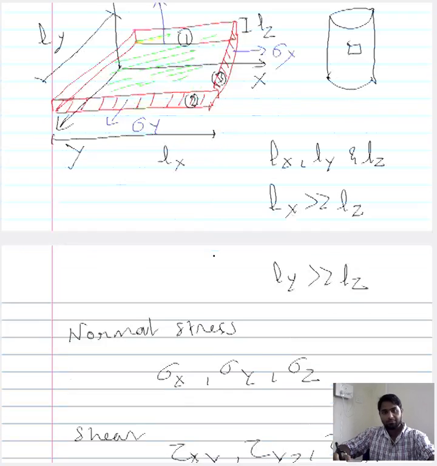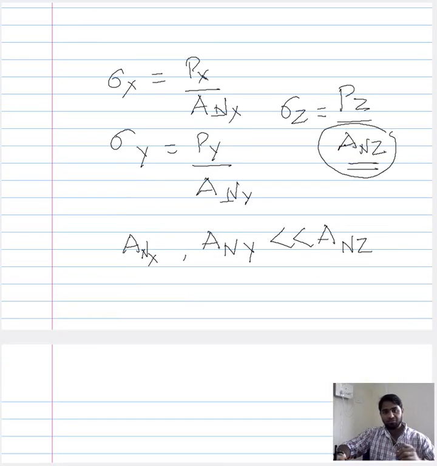Since the area takes a place in the denominator, when you compare to the stress along the x and y direction, the stress along the z direction would be insignificant.